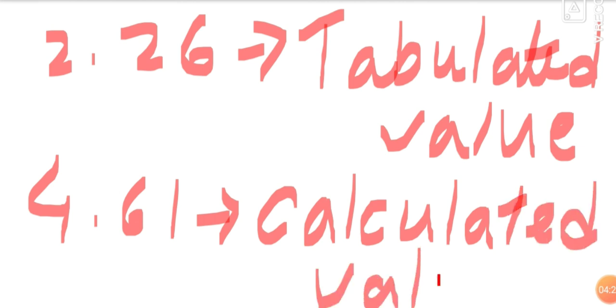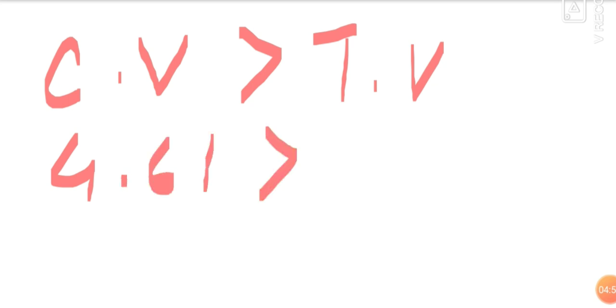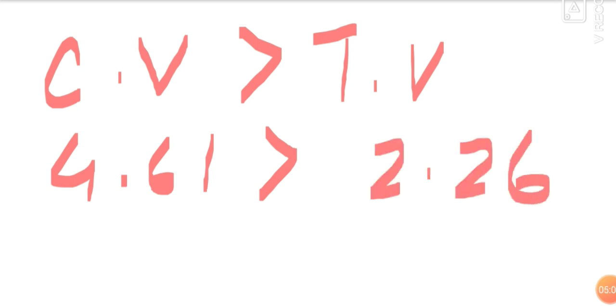From this we can see that the calculated value is greater than the tabulated value, that is 4.61 is greater than 2.26. Our calculated value was 4.61, and the tabulated value which we got from our table is 2.26.